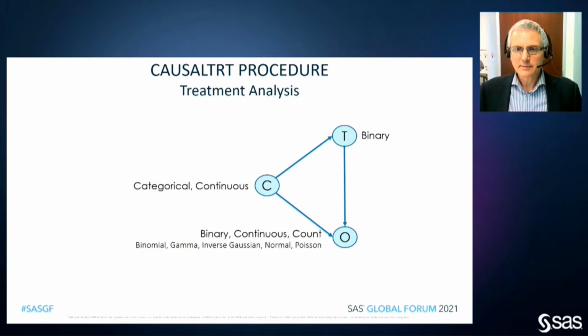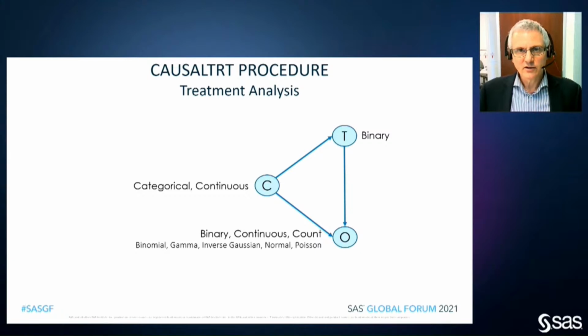The model of the treatment assignment estimates the propensity scores. Recall from our earlier discussion that the propensity scores are probabilities of being assigned to the treatment group given a set of covariates. And they are estimated usually by logistic regression by specifying the binary treatment indicator as the response and the covariates as predictors.